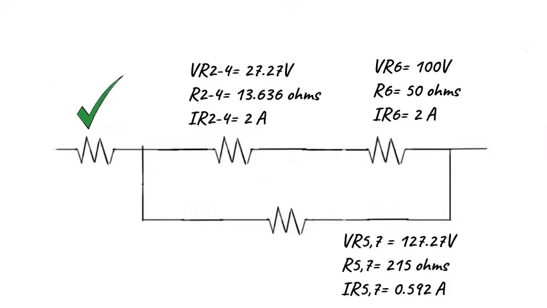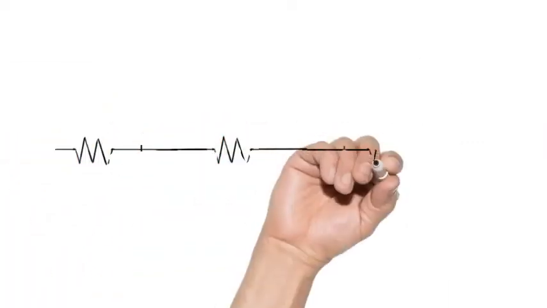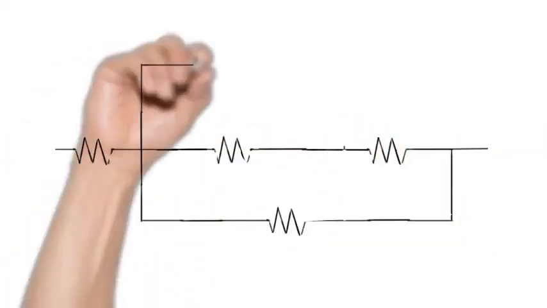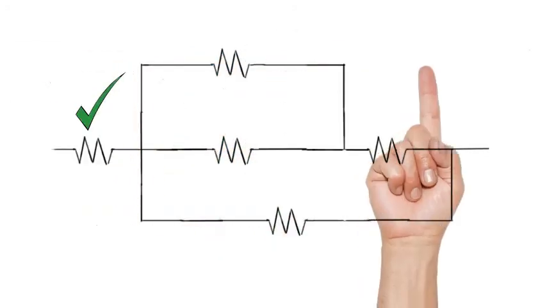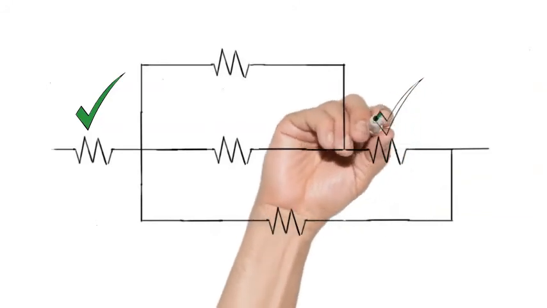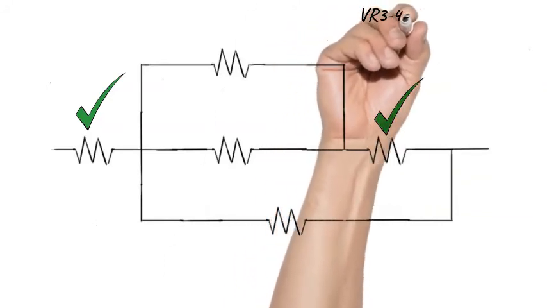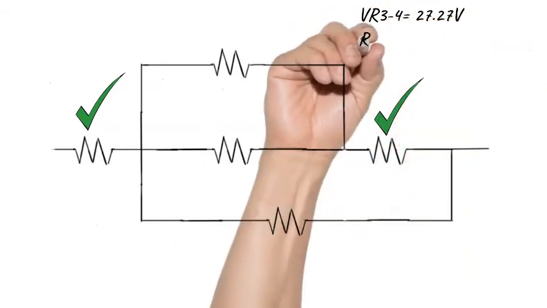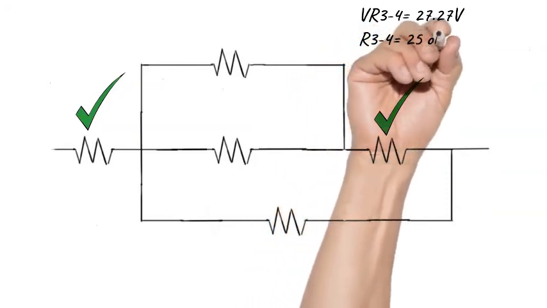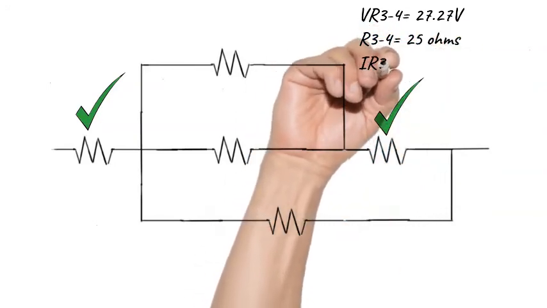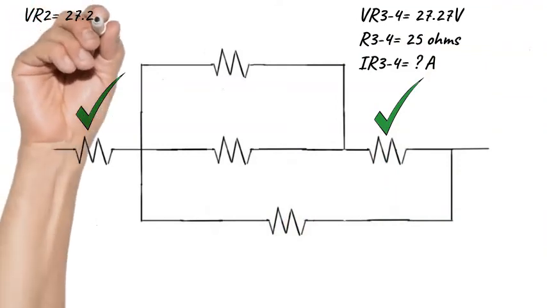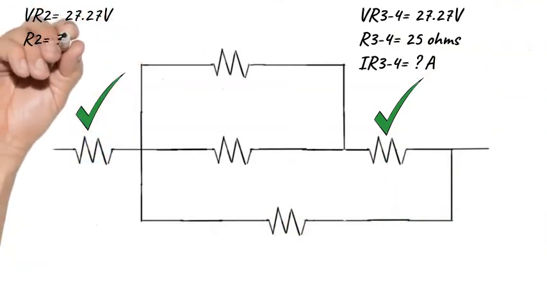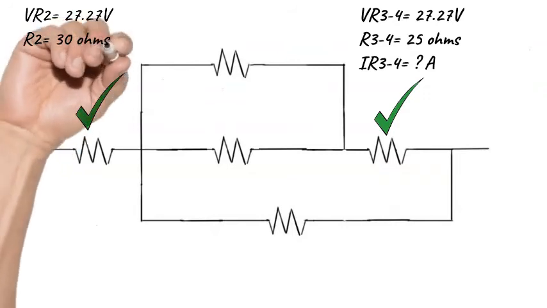We know that we have our R1, we know that we have our R6, and we see here that our R3 through 4, we don't have our current value, so we can solve for those current values by using our Ohm's law, and we will take the volt drop of 27.27 volts.